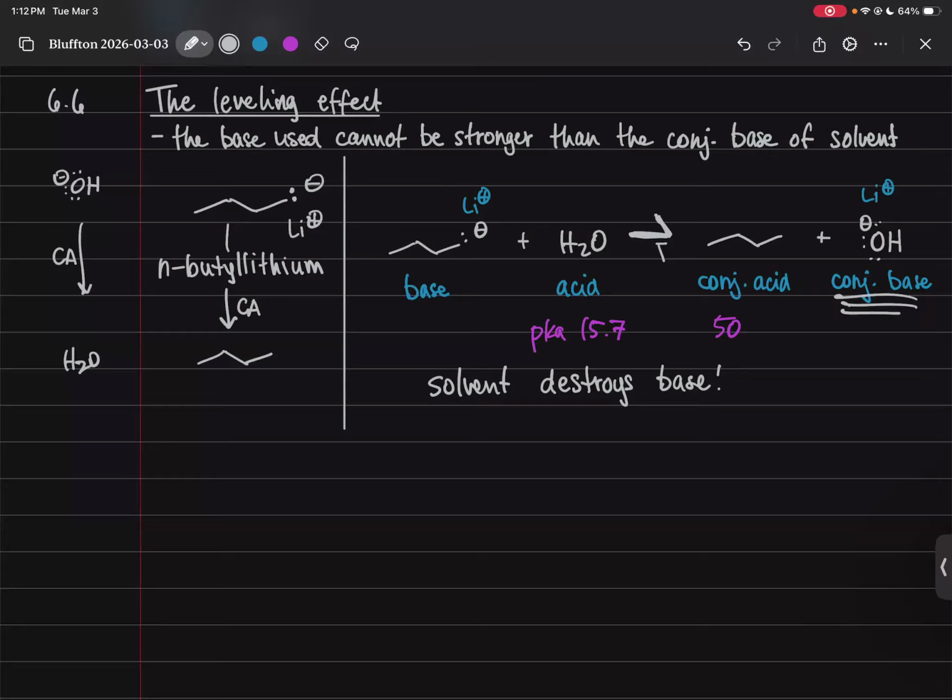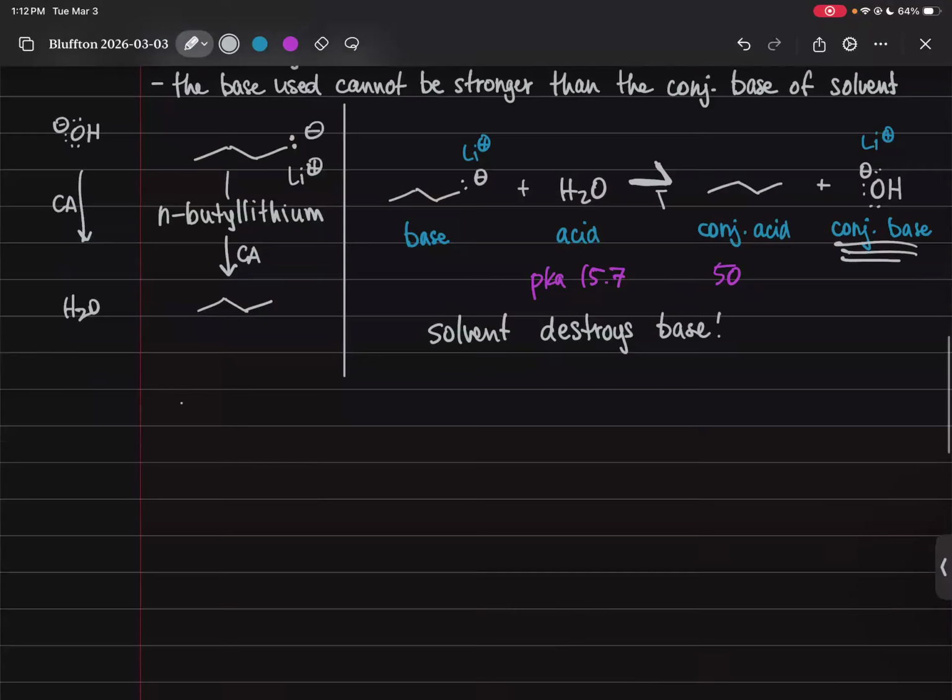Very inconvenient, but a very common problem. Okay, in water, no base stronger than hydroxide can be used.